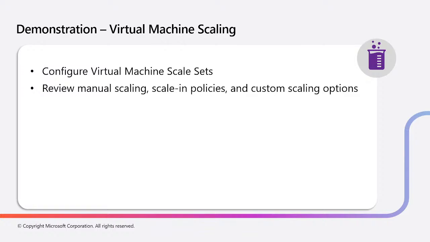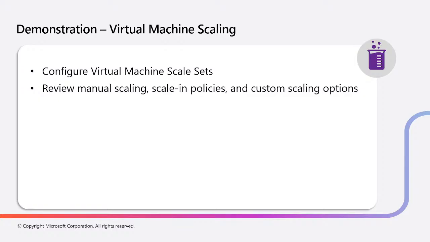When we create a virtual machine scale set, we are talking about a set of machines that are load balanced, to scale in or scale out to provide services based on the amount of traffic coming in.